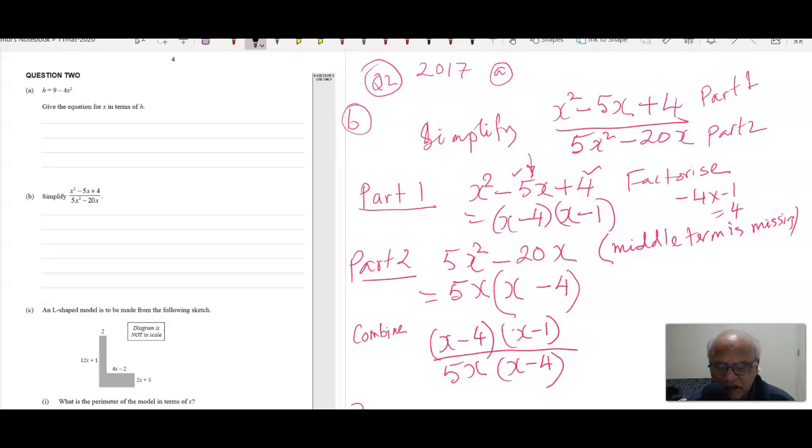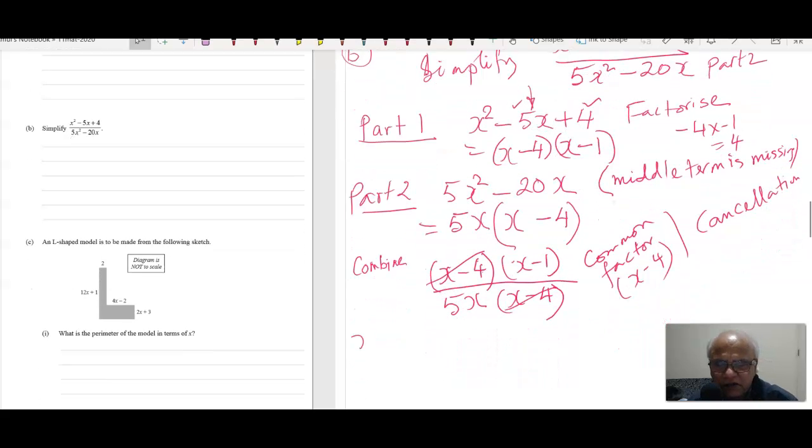Now I can see there is a common factor, and the common factor is x minus 4 on both the top and the bottom expression. This is called cancellation. You simply draw a diagonal line through the top x minus 4, and you do pretty much the same thing to the bottom x minus 4. That's called cancellation. That's a process in algebra.